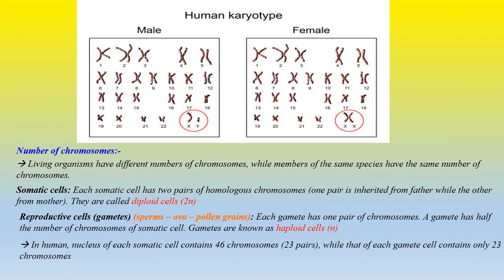Our number of chromosomes is 23 pairs. If I want to remove the word pairs, I say 46 chromosomes. Okay, 46 chromosomes is the number of chromosomes in human beings.